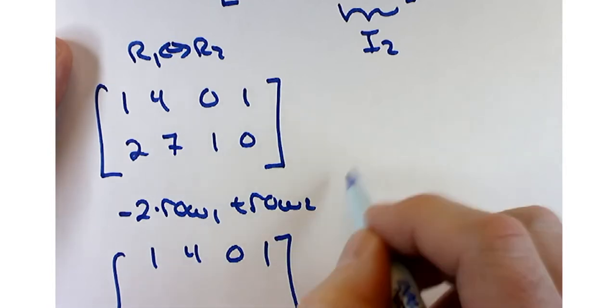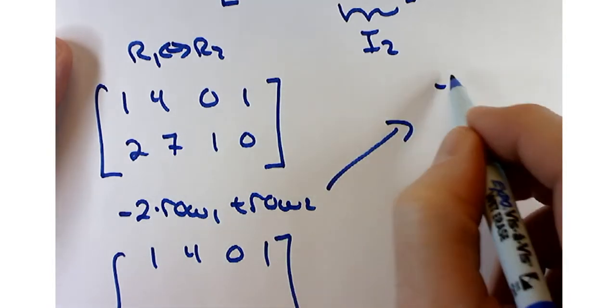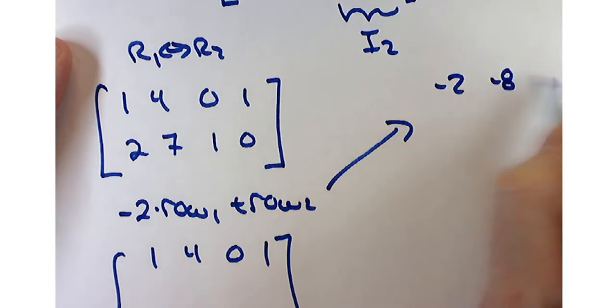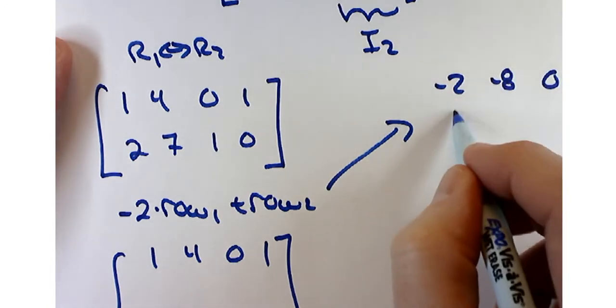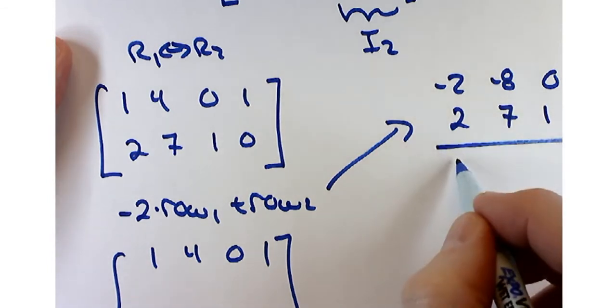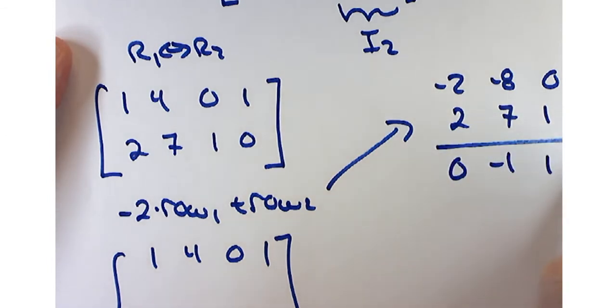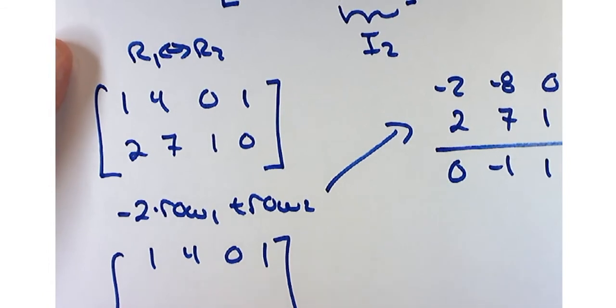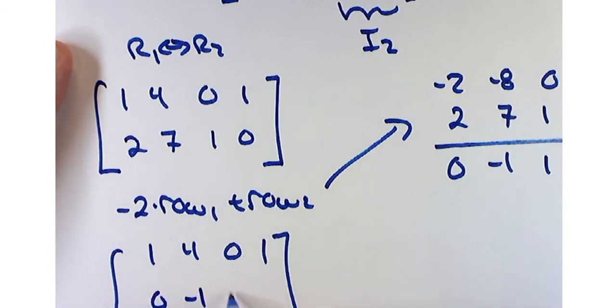Negative 2 times row 1 is going to look like this. Negative 2, negative 8, 0, negative 2, plus 2, 7, 1, and 0. So 0, negative 1, 1, and negative 2.